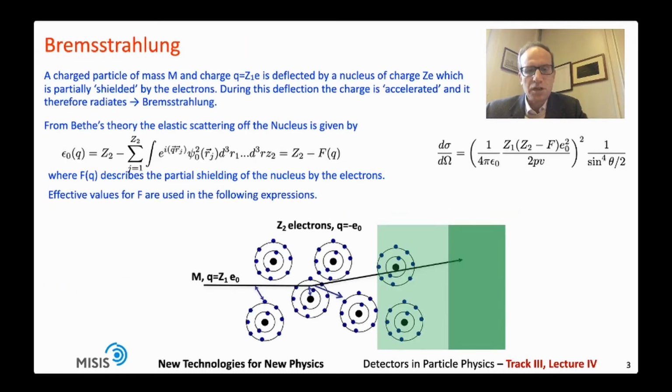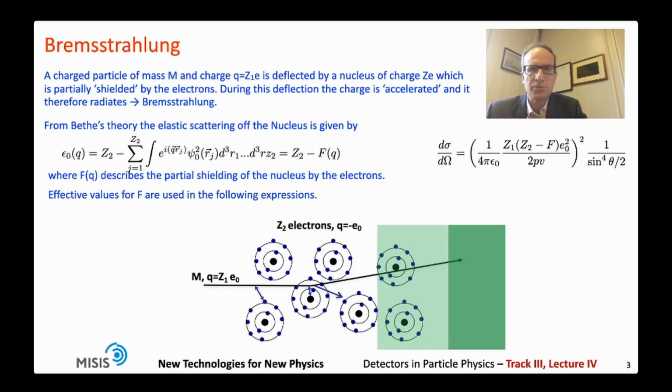And so to start with, we have to analyze at first what are the processes which are relevant for the energy measurements. So in order to measure the energy of a certain particle, this particle has to release its energy in your detector.